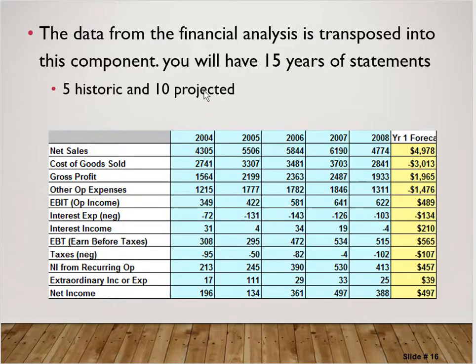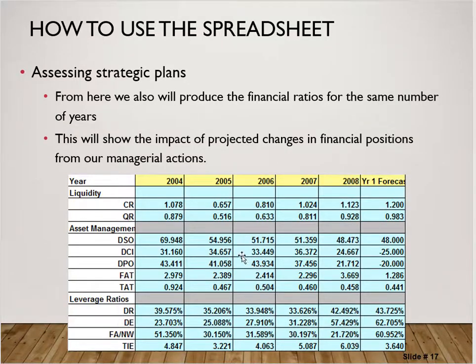So in our spreadsheet here, if you have historical data, you have 5 years of that, then you'll have 1 year to 10 years of projected financial statements. So you'd end up with 15 years of statements. That then also would provide you with 15 years of ratios, so you can see how these projected changes will ultimately impact the financial status of the company over time. So that is pro forma analysis.